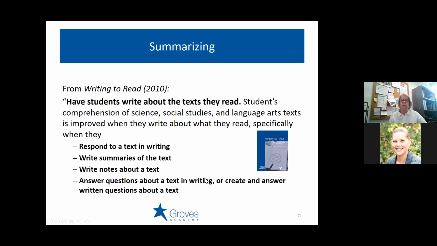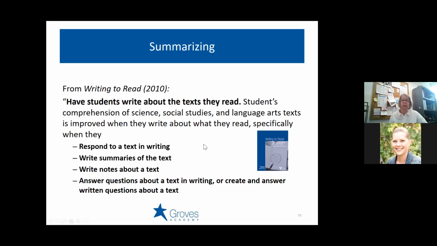Summary writing, and summarizing, even just taking notes that summarize, is really crucial. So you can write a summary of the text, you can write notes about the text, you can respond to a text in writing, or you can create and answer questions about a text. All of those have been shown to improve comprehension.